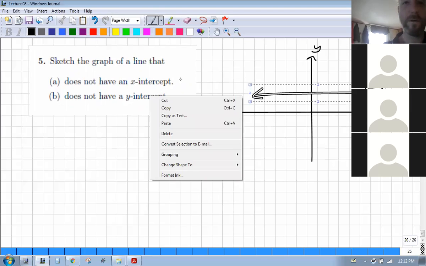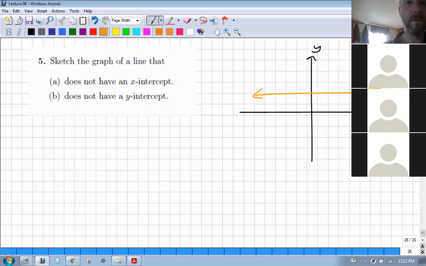Notice it's parallel to the x-axis. Now, if it does not have a y-intercept, it means it can't cross the y-axis. If it doesn't cross it, it has to be parallel to it.